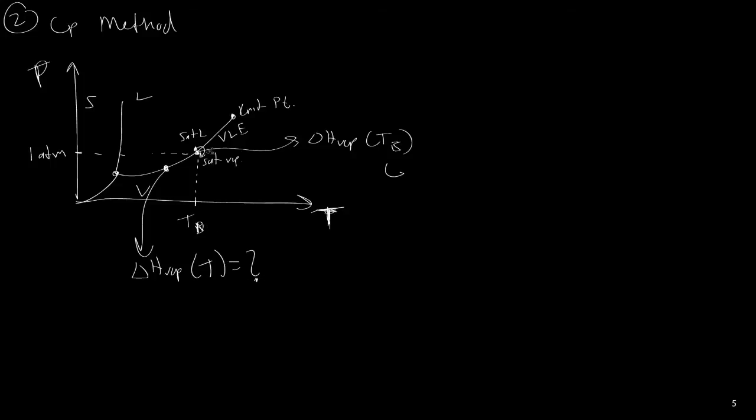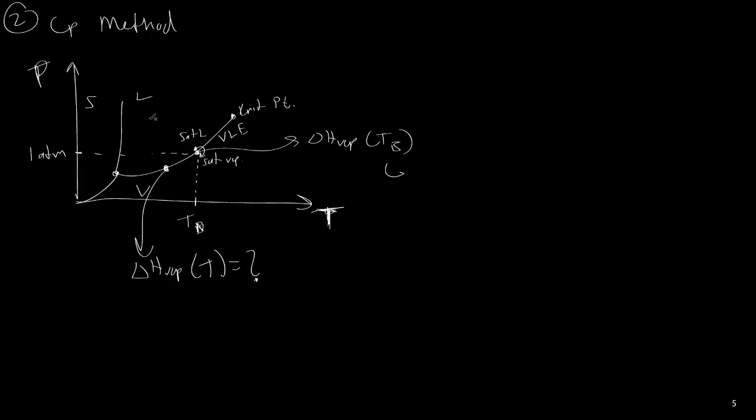In order to notice why this is important, let's break it down and look at these plots a little more closely. So if we were to plot the enthalpy of a fluid versus temperature or pressure, and actually going back one more slide, I want to mention one thing.